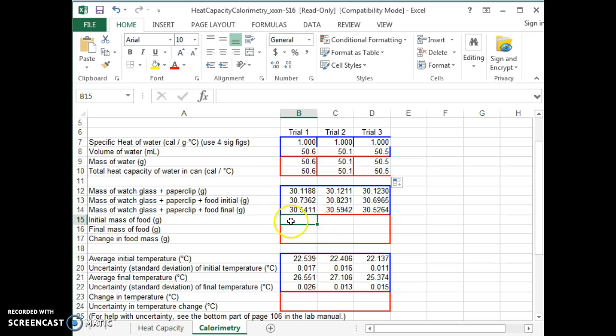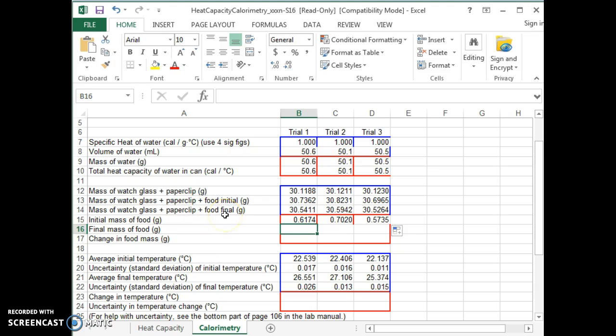So again, these are red boxes. You want to hit equals, and I'm going to do B13 minus B12. Hit enter, highlight that cell, go to the bottom right, left click, hold, and drag. Done.